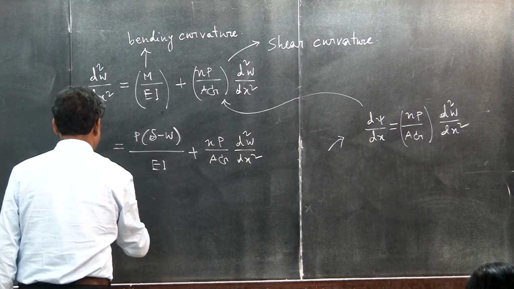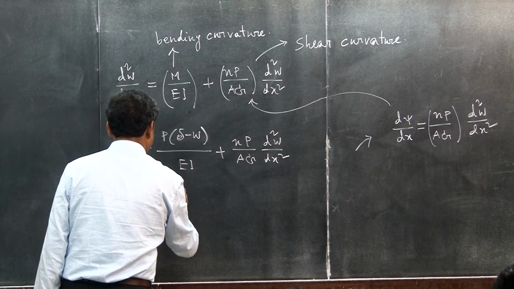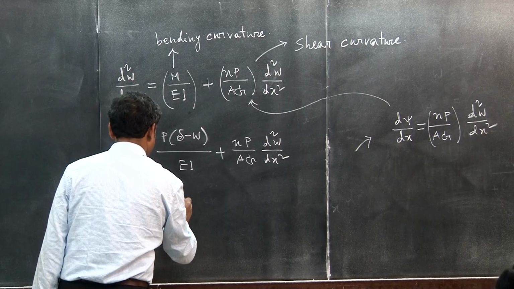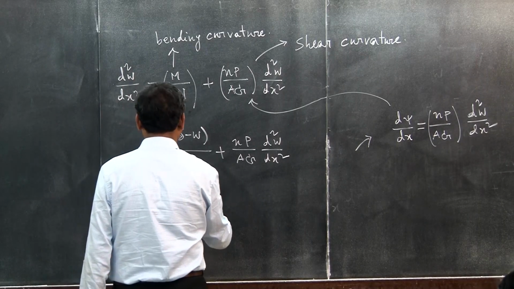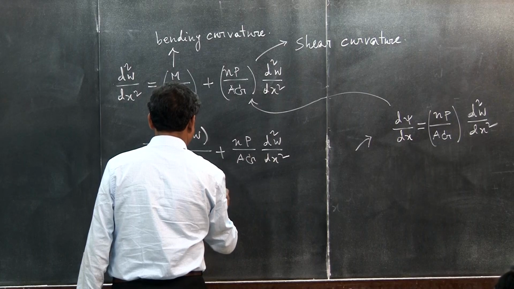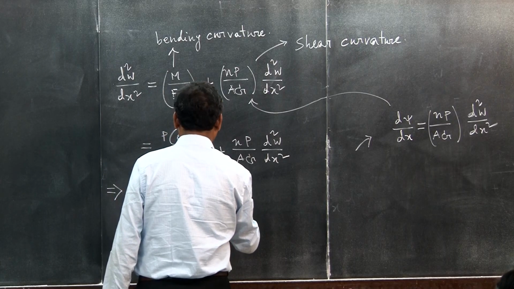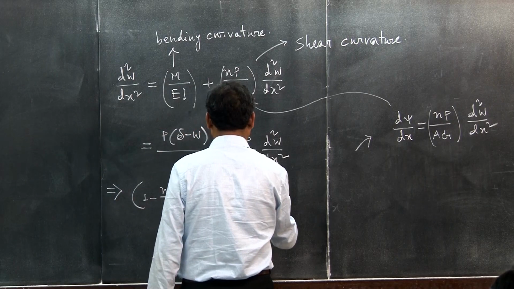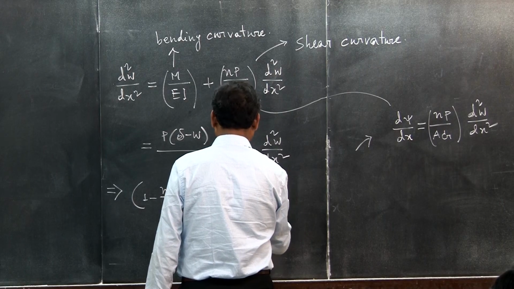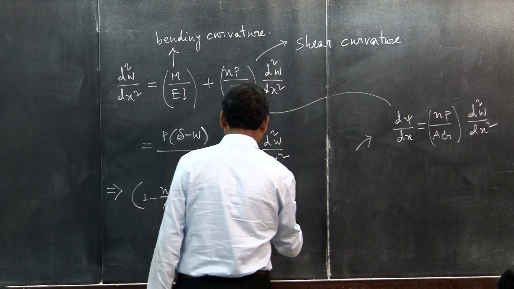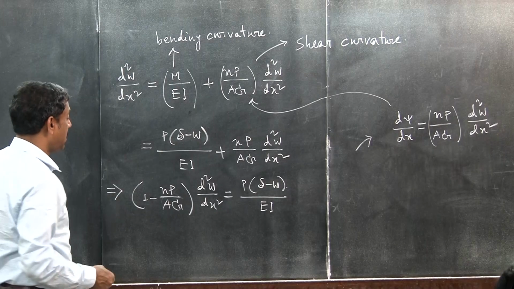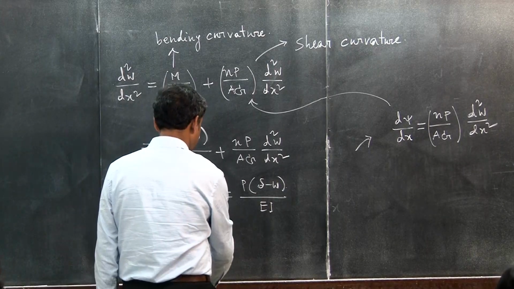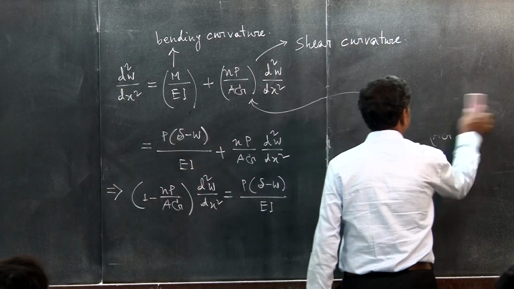Here I will write 1 minus Np by Ag d2W dx2 is equal to P delta W by EI.